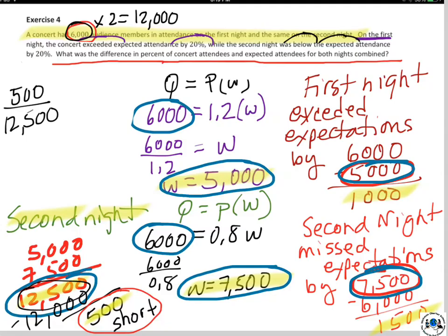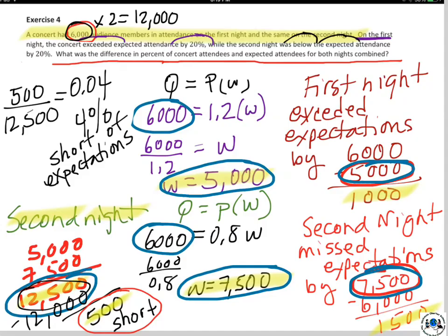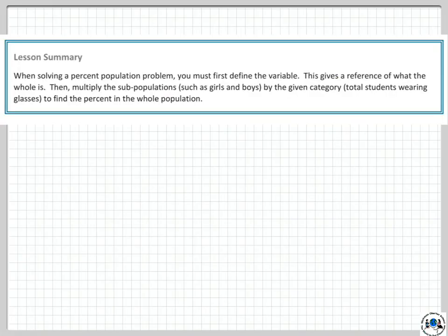If we go ahead and do that, we get 0.04, which translates into 4% short of expectations. And that's a combined percentage, so 4% short of expectations over the 2 nights.